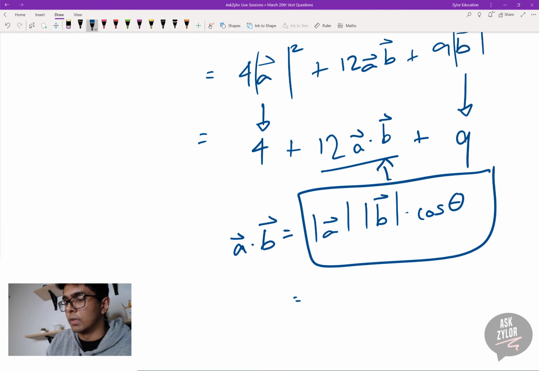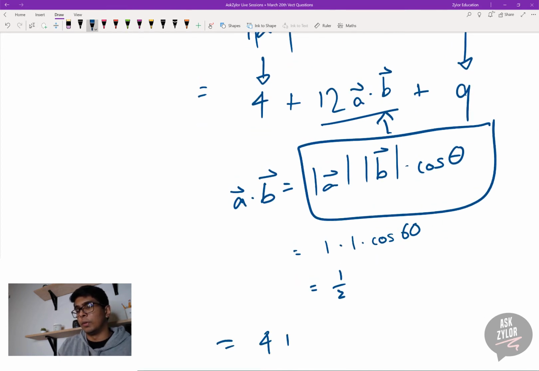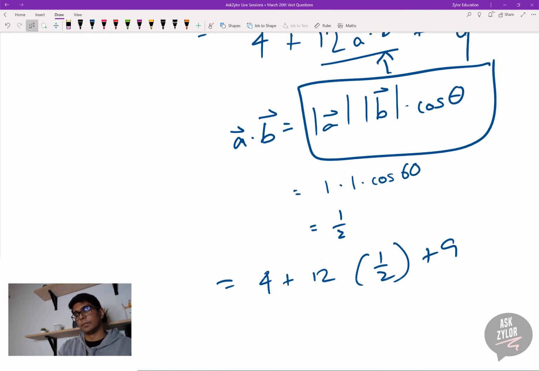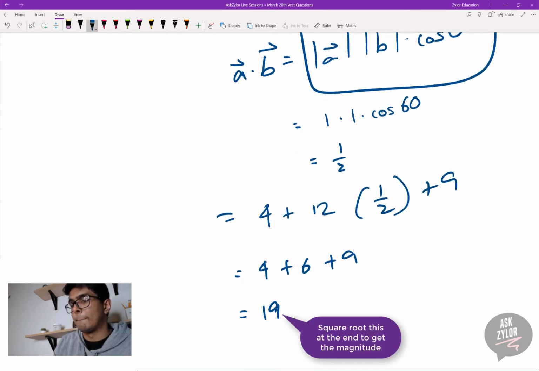This is simply going to be 1 times cos 60, which gives me 1/2. So then I have 4 plus 12 times 1/2 plus 9. So then I have 4 plus 6 plus 9, which is going to give me 19.